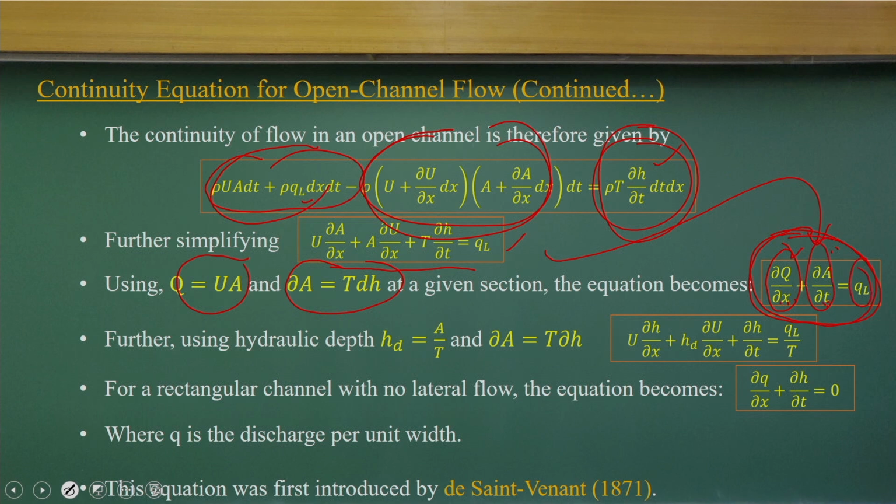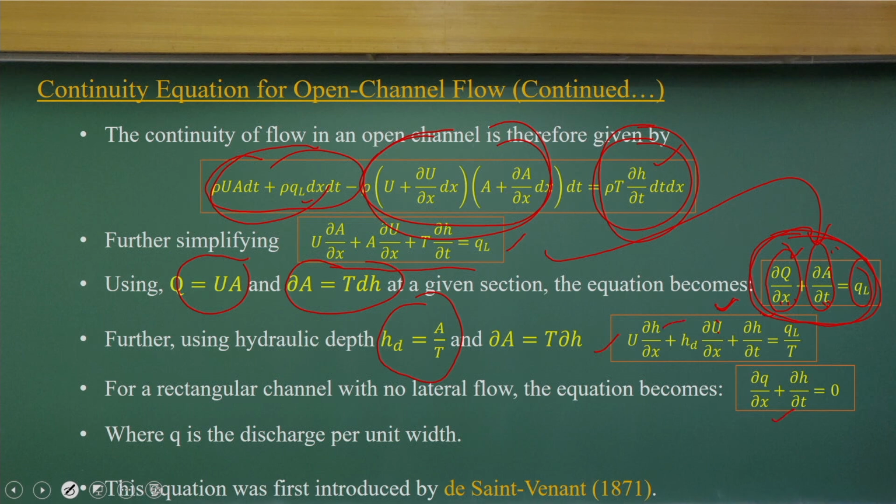You can substitute the units of all these terms and verify that they are accurate. In a similar way, if I define the hydraulic depth as area by the top width, you can expand it not in terms of Q but in terms of capital U, the area average velocity, and H, and I get this equation form without lateral flow.